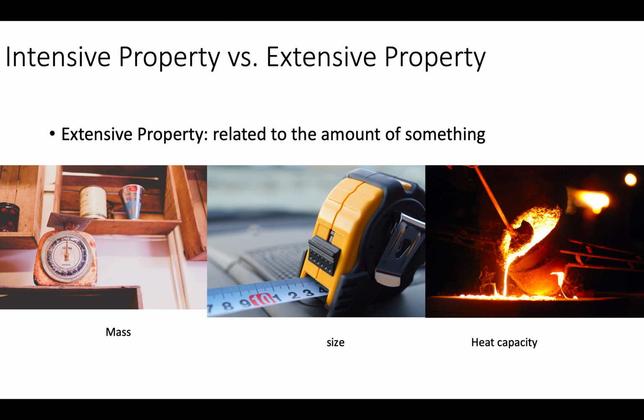It would probably take, let's say, 1 joule, a very little amount of energy. But on the other hand, if I'm going to heat up a gold bar, it's definitely going to take a lot more energy than just heating up one piece of gold foil, right? So it's really related to the amount of this thing that's present.